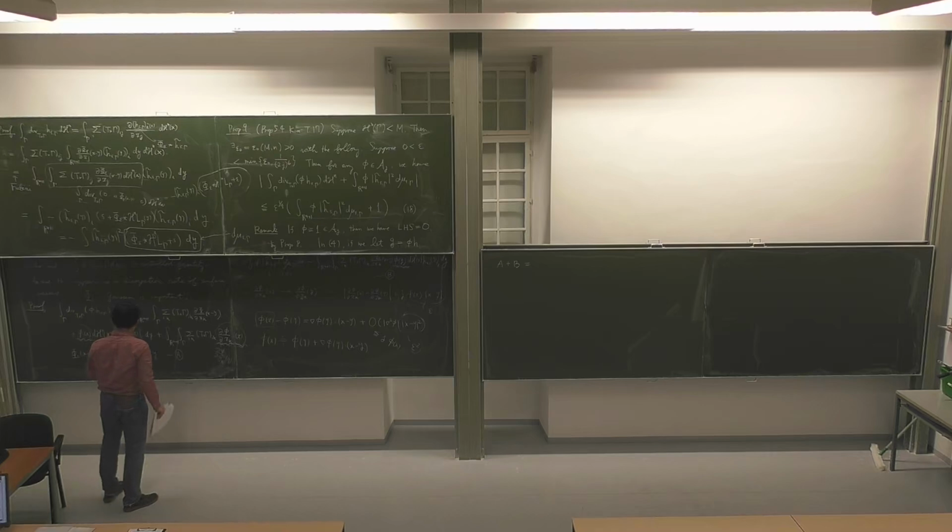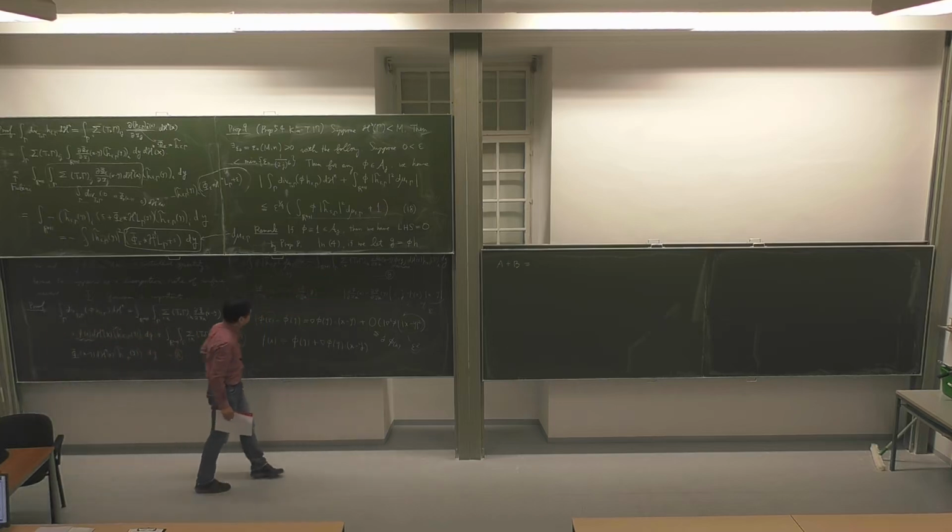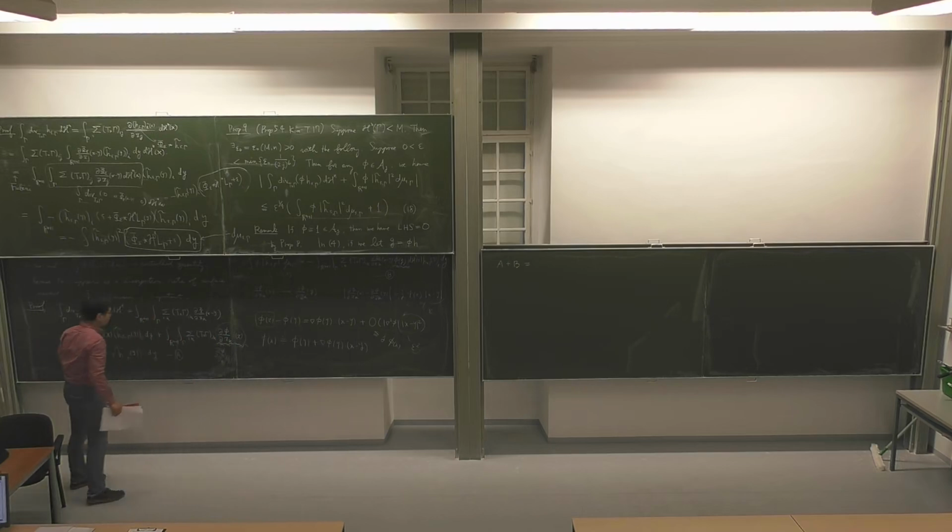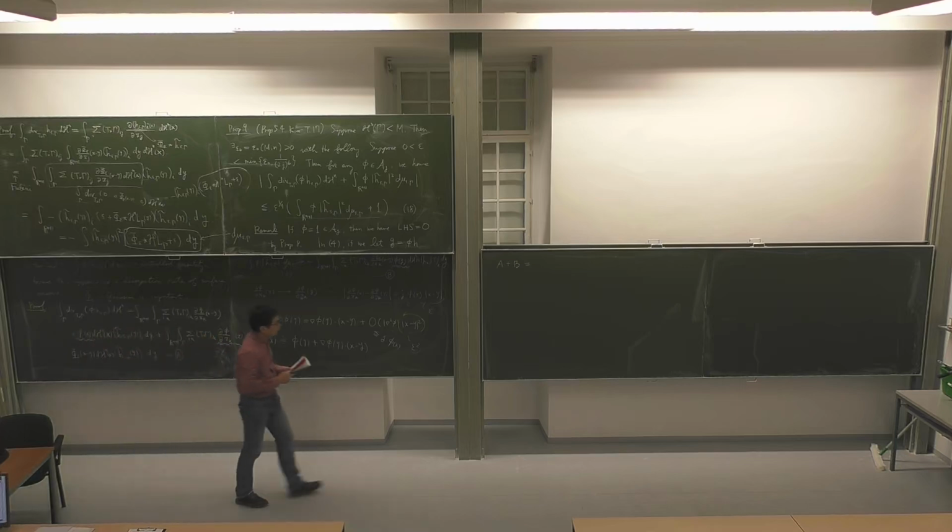Note first of all, replacing this by y cancels this one, right? This phi x, if you replace by phi y, you have a minus sign there, so it goes to 0. So you're left with this nabla phi of x minus y and also this term. Now you write this out.